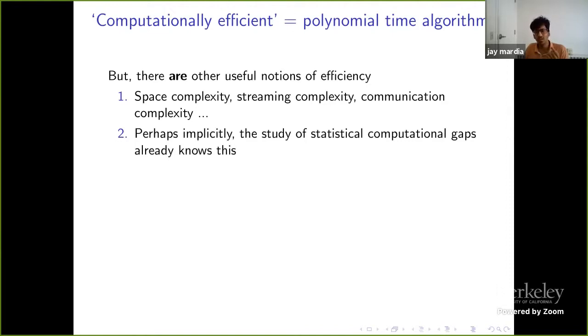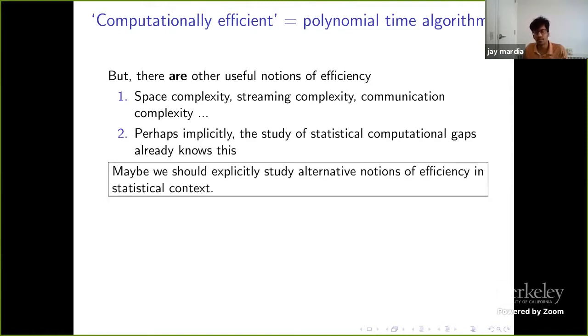If we squint a little at these results, which study the levels of a convex hierarchy or the degree of polynomials required to compute certain things, we can imagine that they're studying non-standard notions of resource or complexity. So implicitly, in the statistical context, these non-standard alternative notions of complexity are already being studied. And so the point of this slide is just to try and convince you that maybe we should explicitly start studying these.